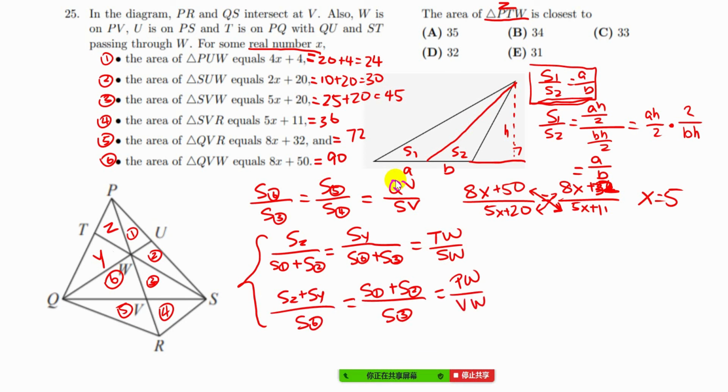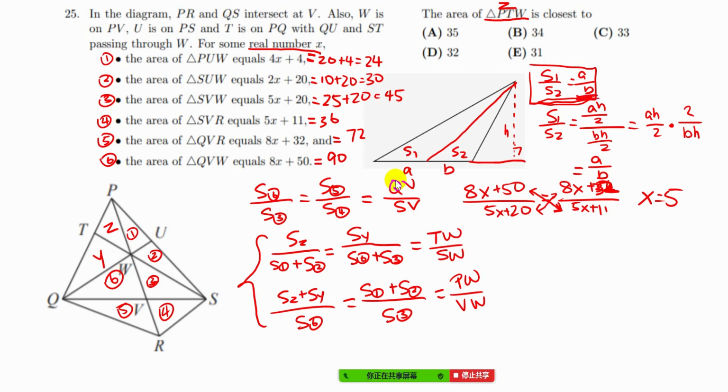So for the first one, SZ and S1 and S2 would be from the triangle PTS. And then SY and S6 and S3 are from the triangle QTS, and they both share the side TS. So we can make them equal each other, which is the A and the B in the equation over here.